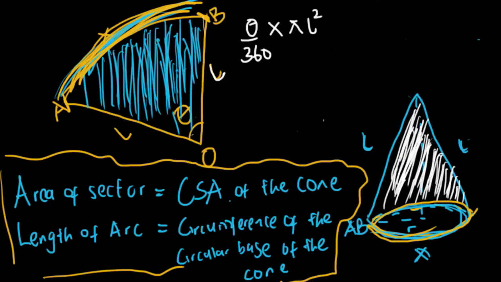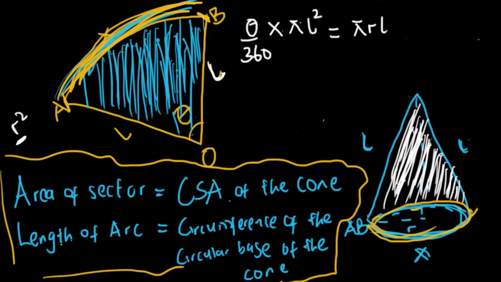Remember before we used to use pi r squared, and r represents the radius of the circle in which the sector was gotten from. But in this case, the radius is L. So I have theta over 360 times pi L squared equals to, what's the formula for the curved surface area of the cone? I think we know it as pi r L. Does this make sense?